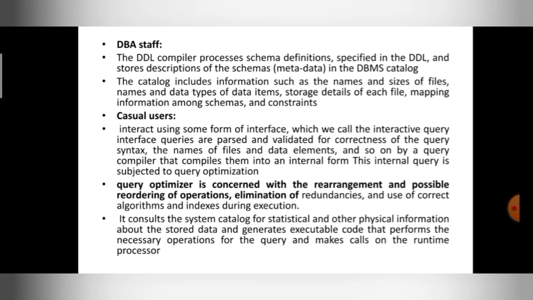Time consumption will be reduced, and it will eliminate the duplications and redundancies, so the time taken during execution is reduced. The query optimizer's task is to do the rearrangements, reorder operations, and eliminate redundancies to improve performance. So casual users interact with the database using queries, right? Hope you are understanding, guys.